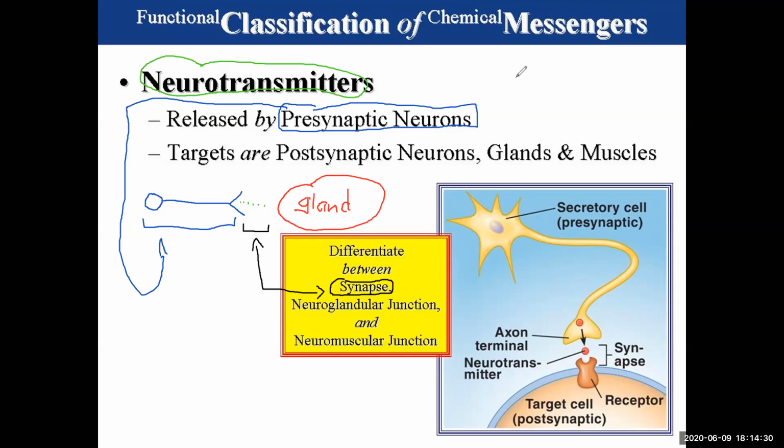So in that case, it's still a microscopic space. But that microscopic space is no longer called a synapse, and that's important. You still have that microscopic space, and now that microscopic space is called a neuroglandular junction.